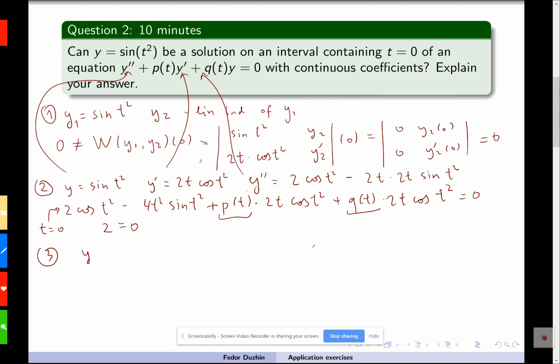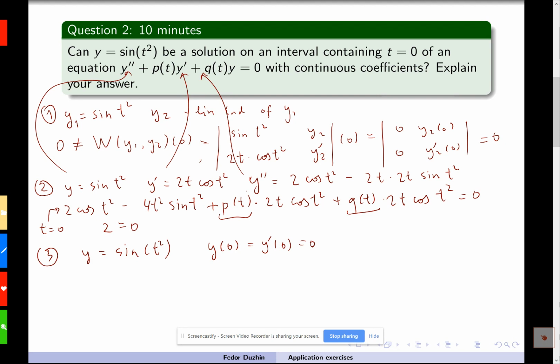If y equals sine of t squared is a solution of the given differential equation, then notice that y of 0 equals y prime of 0 equals 0. So this function sine of t squared satisfies the initial condition y of 0 equals y prime of 0 equals 0.